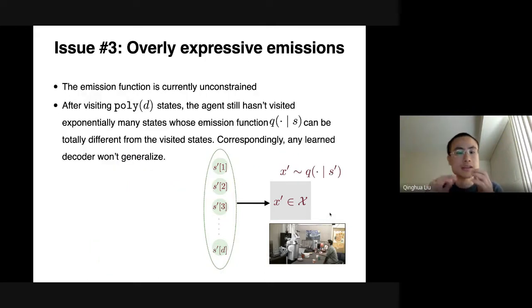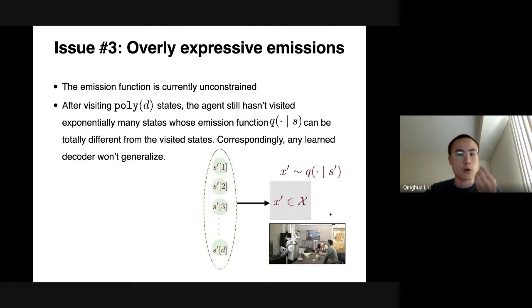We know the latent space is exponentially large, so we cannot expect to traverse all the states to learn the decoder. We need some structure to make sure the decoder can be sample efficiently learned, or in other words, it can generalize from the states we visit to the states we haven't visited so far.